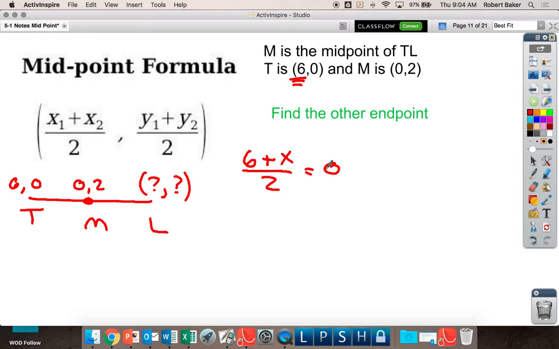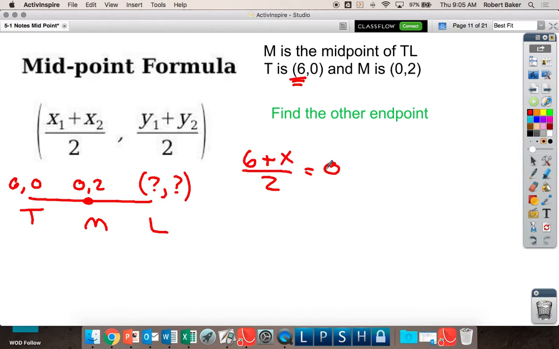Does that kind of make sense? The x coordinate of my first endpoint plus the x coordinate of my other endpoint, if I divide that by 2, it should equal the x coordinate of my midpoint. So I have to math that.